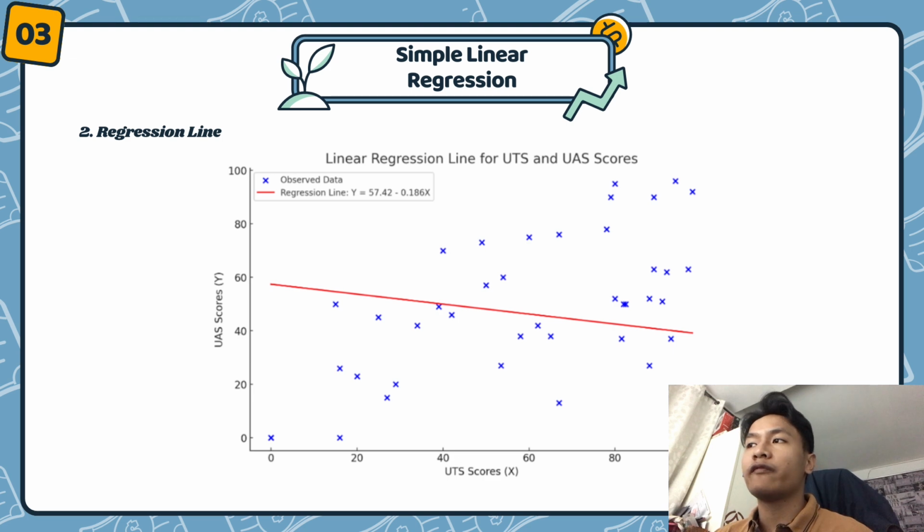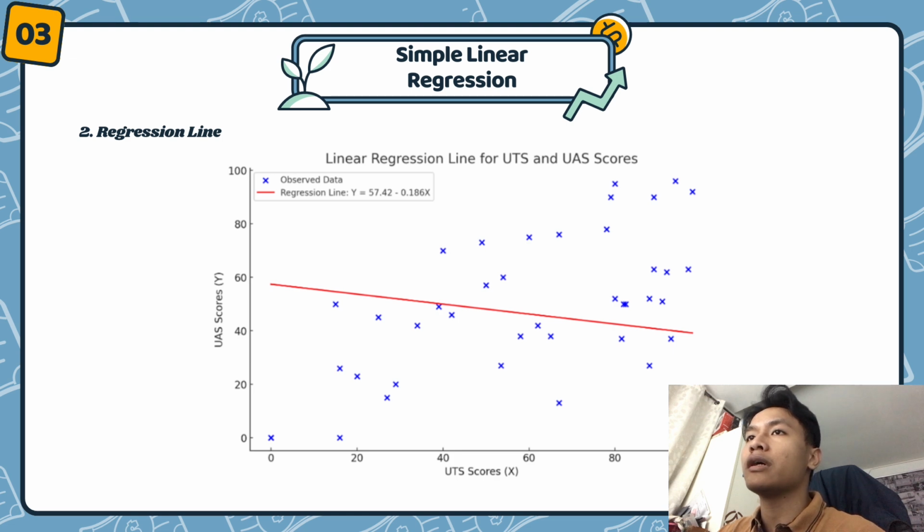The 57.42 is the intercept, meaning it predicts the y score when the UTS score is 0. The minus 0.186 is the slope, indicating that for every 1 unit increase in the UTS score, the y score decreases by 0.186 on average.